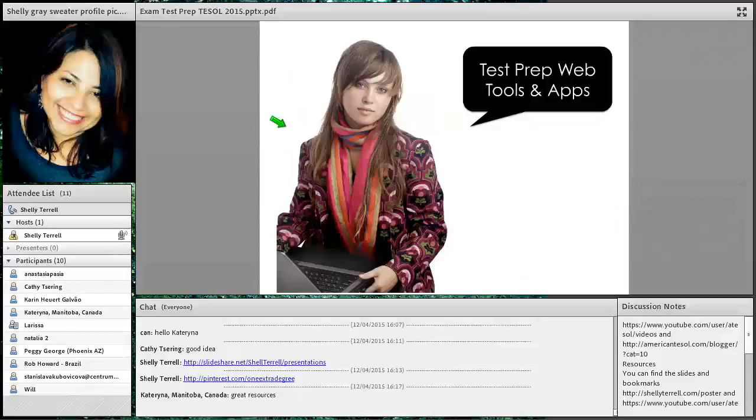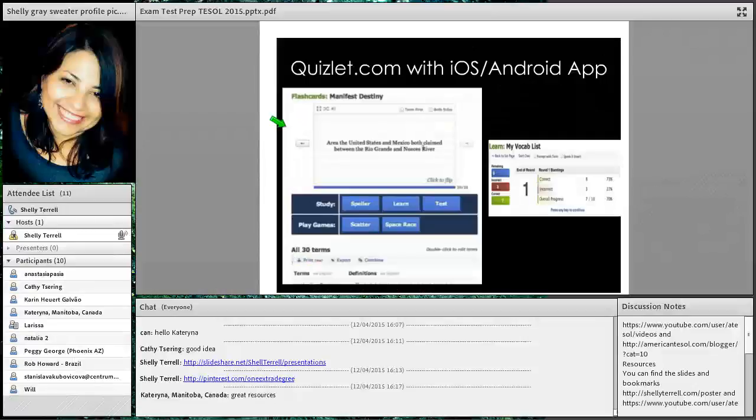So what are some great web tools and apps that help students prepare for tests? One of my absolute favorites is Quizlet.com, and with Quizlet, you can get them to practice different types of vocabulary. A lot of tests, you have to develop vocabulary, know vocabulary. The great thing about Quizlet, it's on any device.